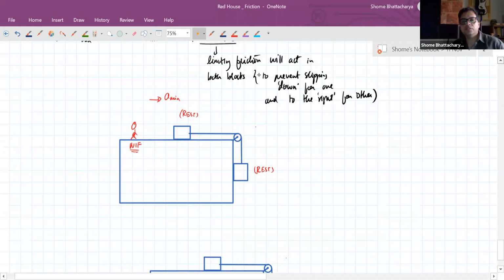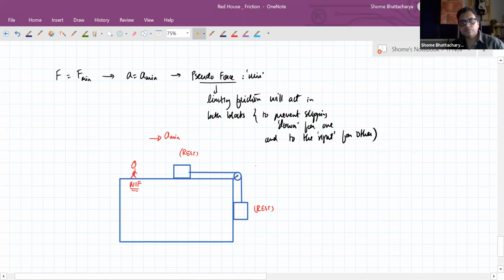That limiting friction should act on this block in such a way that it is preventing it from slipping down the inclined plane, I mean down the vertical. And here limiting friction should act on this one to prevent it from moving towards the left. So let's say this is F1 and this is F2. Now these will be limiting values. So I'm coming to what these limiting values are.